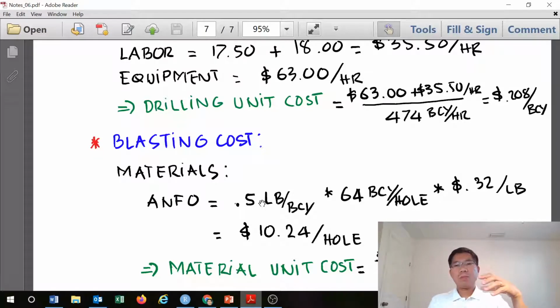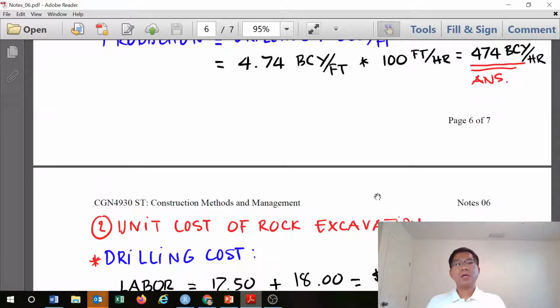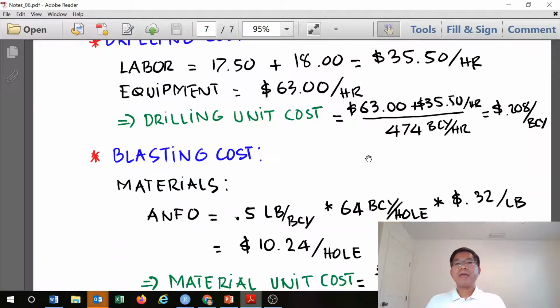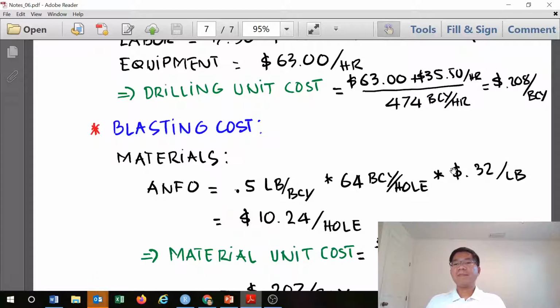For one hole, as we determined above, 64 bank cubic yards per hole. That we did in the first step, bank cubic yards per hole, here, 64. So you have pound per bank cubic yard times bank cubic yard per hole. We cancel out bank cubic yard, so pound per hole.